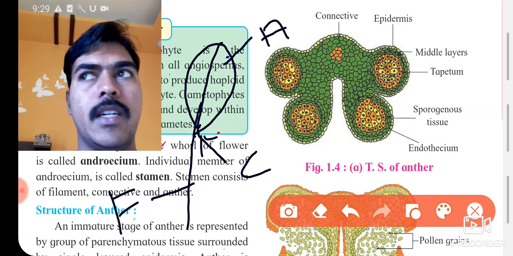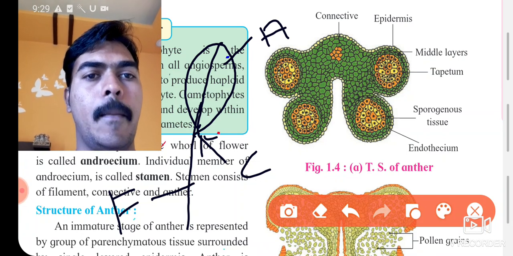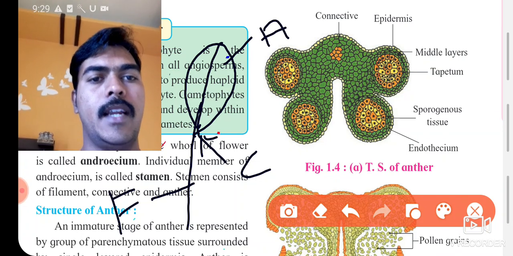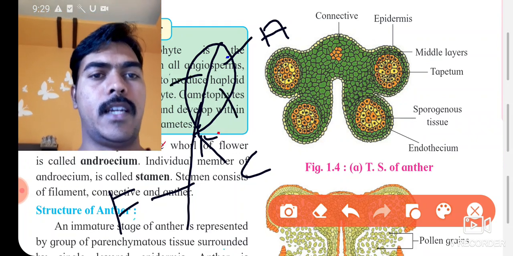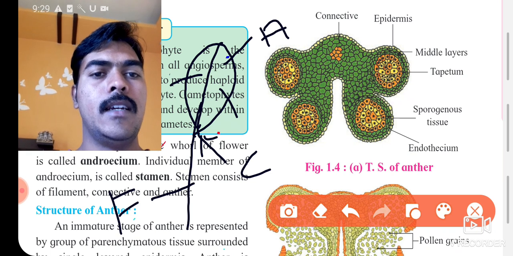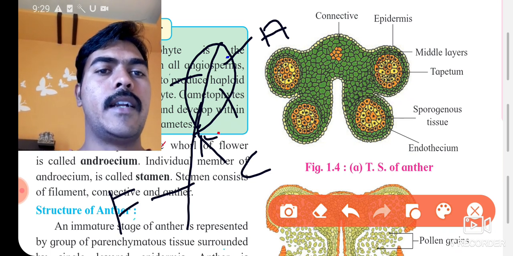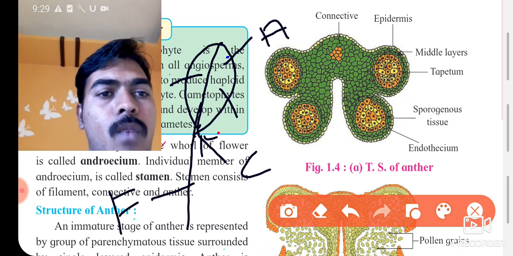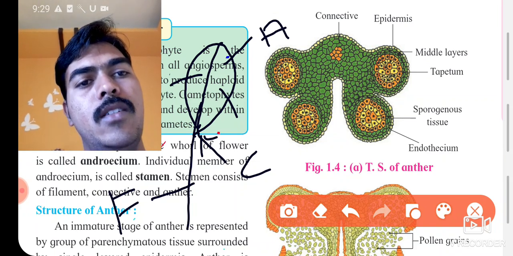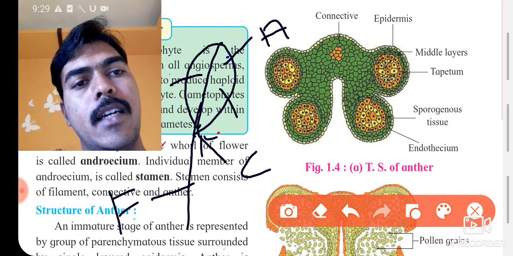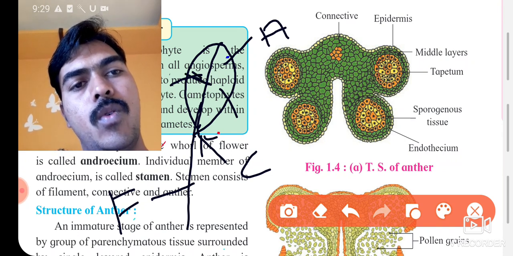As you are looking here, the anthers are bilobed, meaning they have two lobes. This is the first one and this is the second one. And these anthers are tetrasporangiate. Why are they called tetrasporangiate? Because each lobe of this anther further divides into two parts.